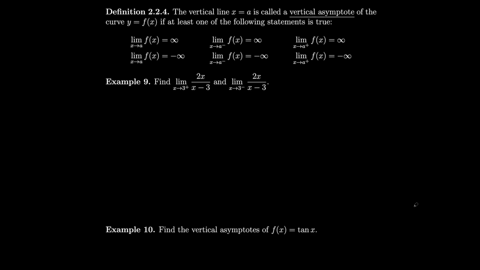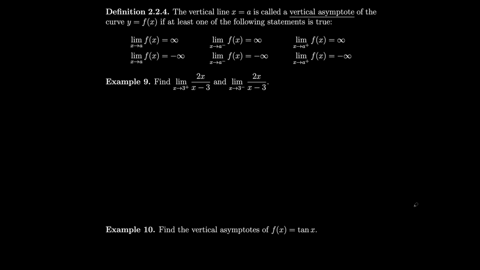The reason it makes sense to talk about these limits not existing but equaling infinity and equaling minus infinity is that this characterization of non-existence actually gives us a little bit of information. So here we have a definition. The vertical line x equals a is called a vertical asymptote of the curve y equals f of x if at least one of the following statements is true.